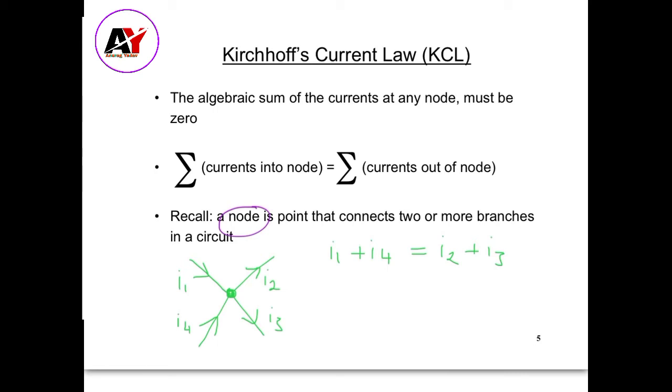So let's say that the currents flowing into the node are denoted by a positive sign. Then we would write plus I1, and the currents flowing out of the node we're giving a negative sign, so it's minus I2 minus I3 plus I4 is equal to 0.